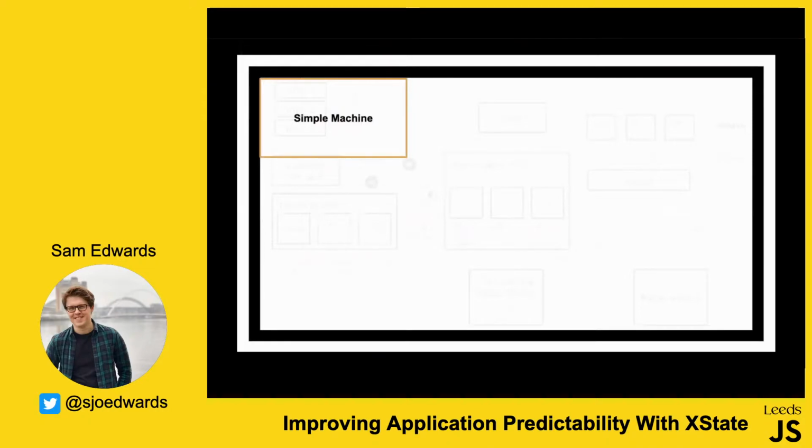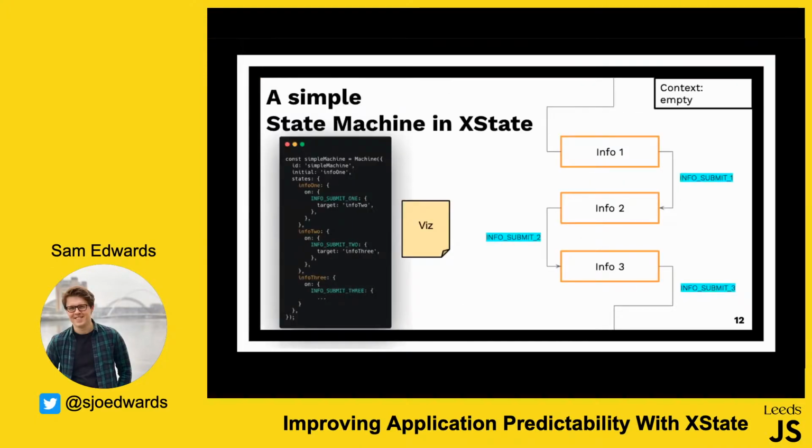So taking that really complicated diagram, we're just going to focus on the top left for now. What is a really simple state machine? What would that look like in XState? And what you can see is it's very similar to that diagram I showed you before. The notation that you get is object notation when you're configuring your machine. So I've called this machine function. I've given it a name. And you can see that I've got 3 state nodes, info1, info2, and info3.